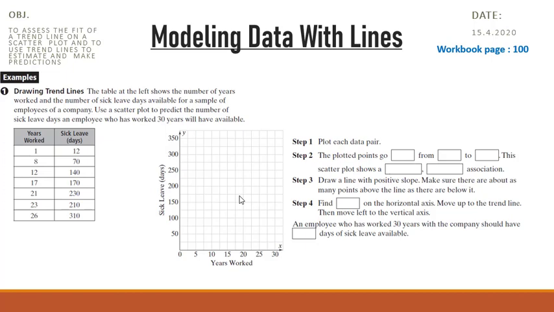At first, in your scatter plot, is it positive or negative association? Linear or non-linear? Let me know in the chat so I can ask you. I want to know if it's linear or non-linear, positive or negative association.